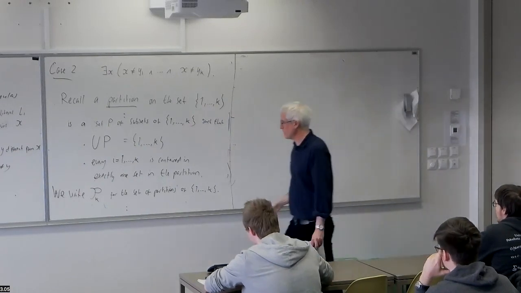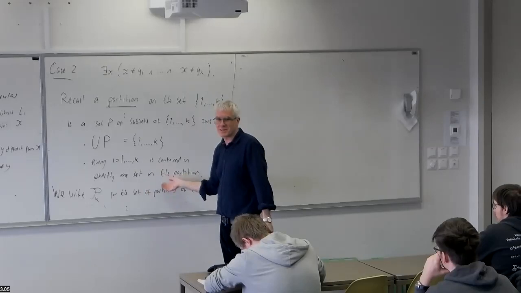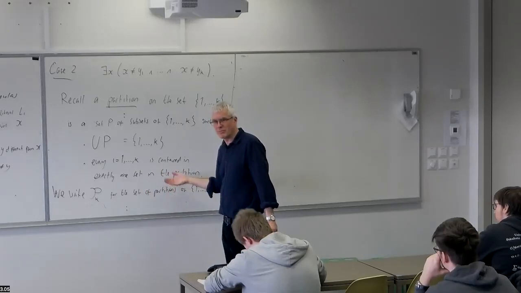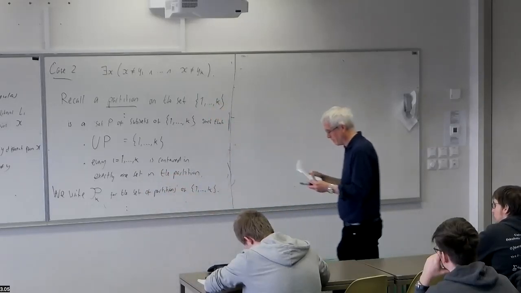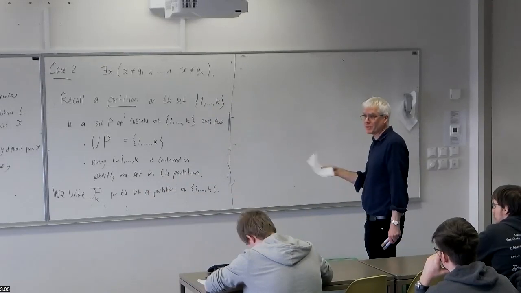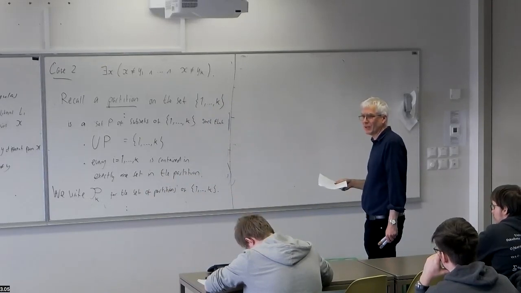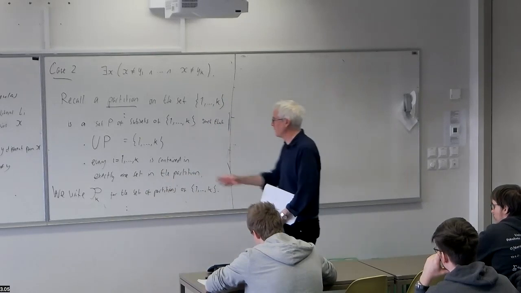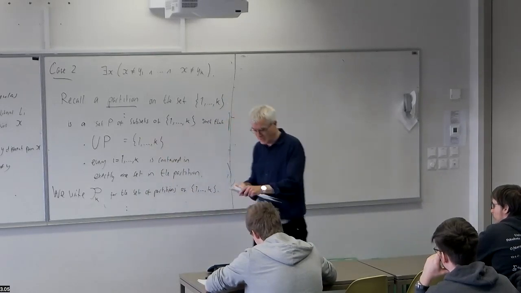Anyway, in discrete mathematics the number of partitions is an interesting number, and it grows quite quickly. So the number of partitions associated with a k element set gets quite huge.